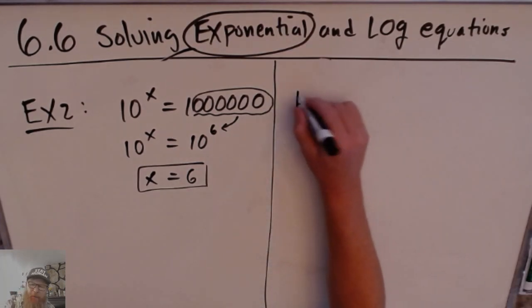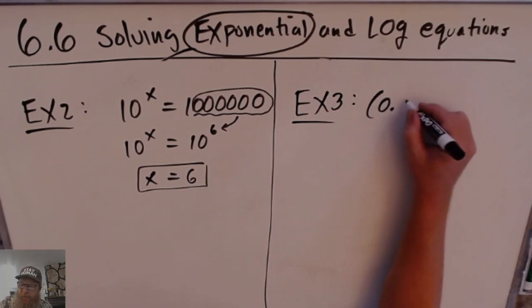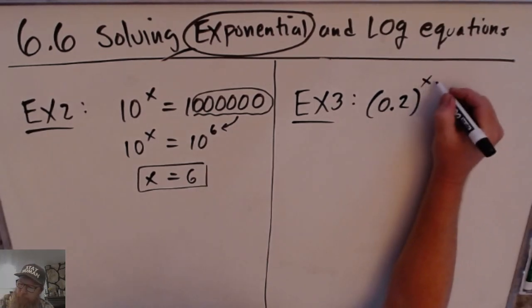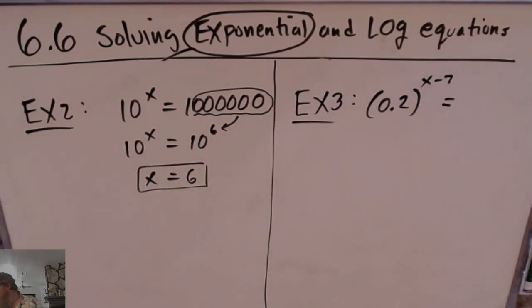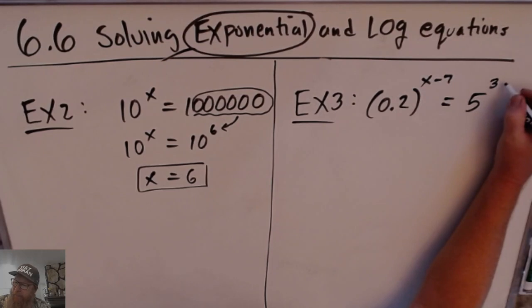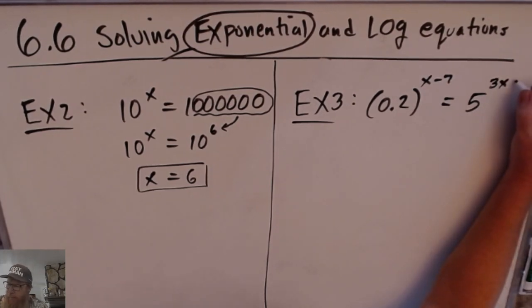You might have a problem something like this. 0.2 to the x minus 7 is equal to 5 to the 3x plus 5.